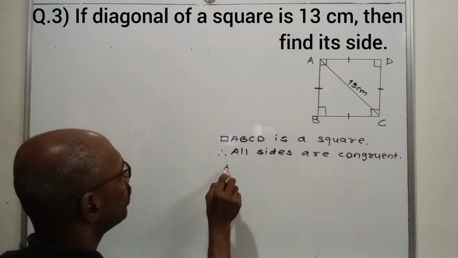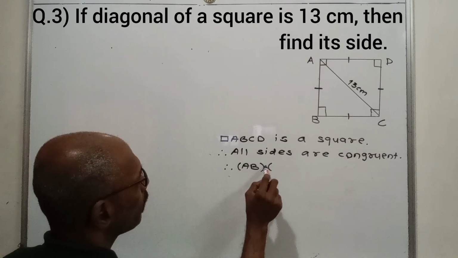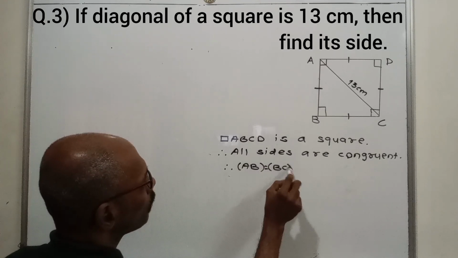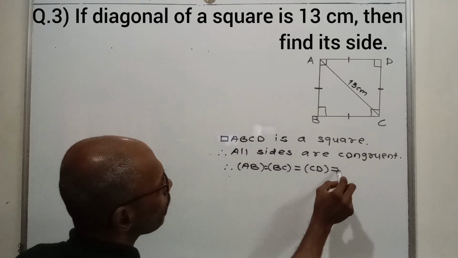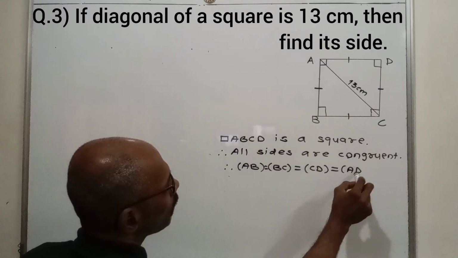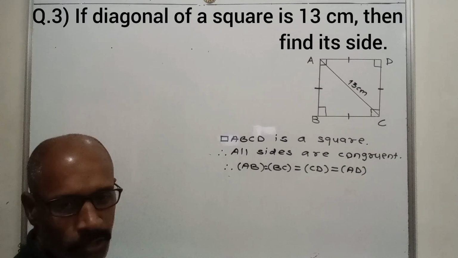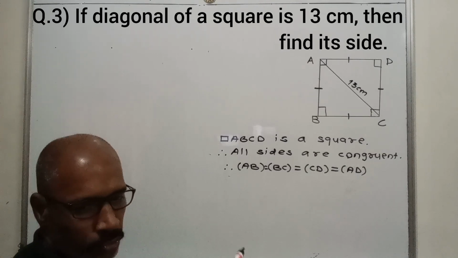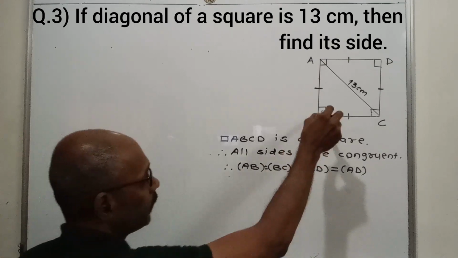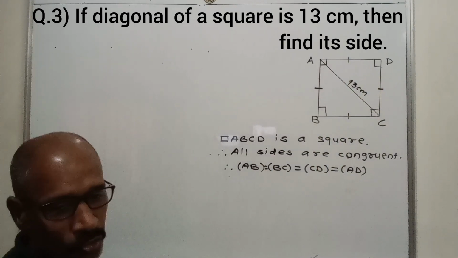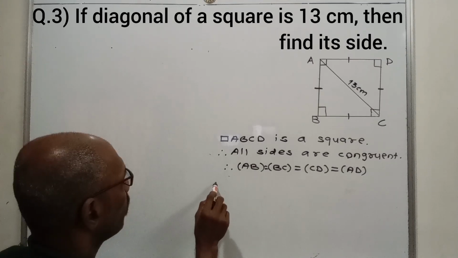AB is equal to BC is equal to CD is equal to AD. Its diagonals are also congruent. And each angle is also a right angle.